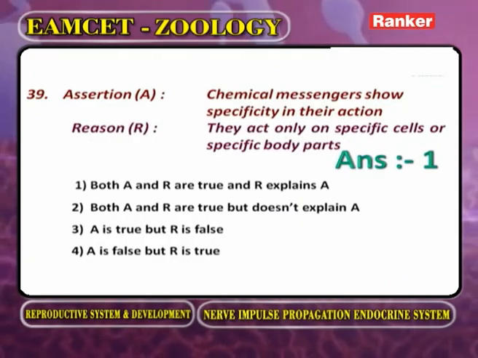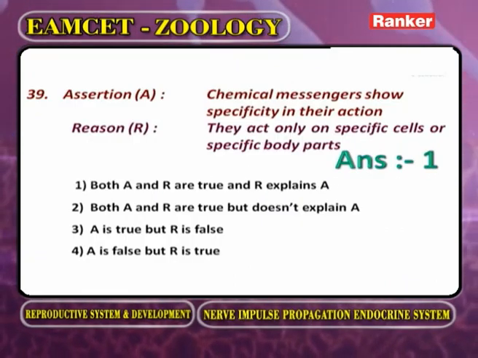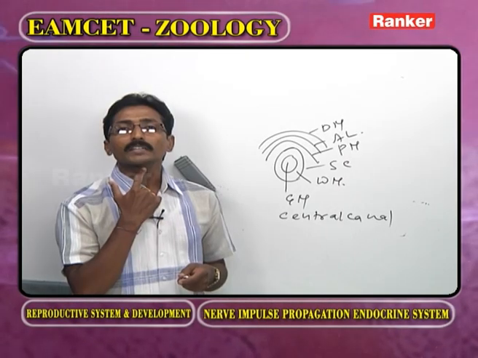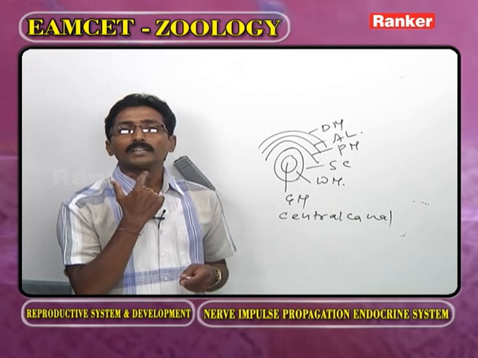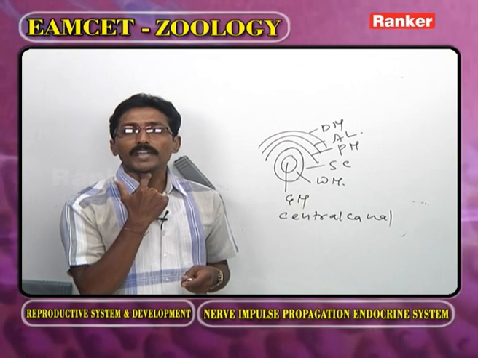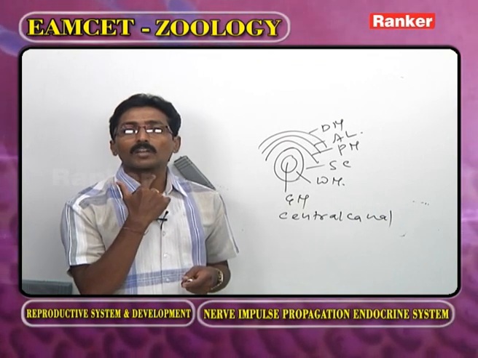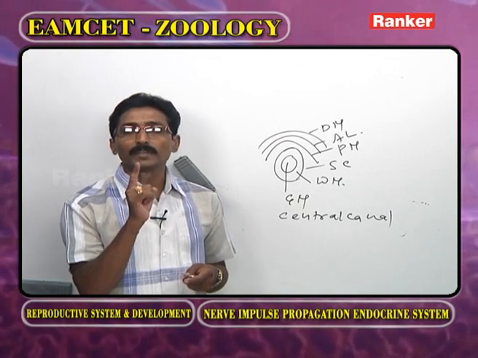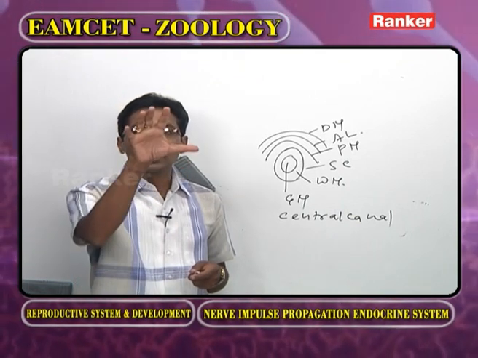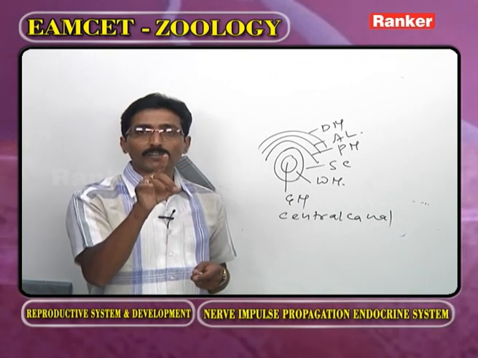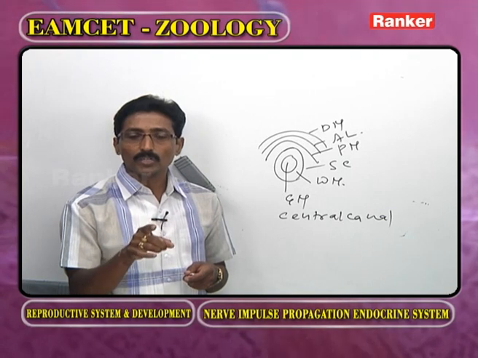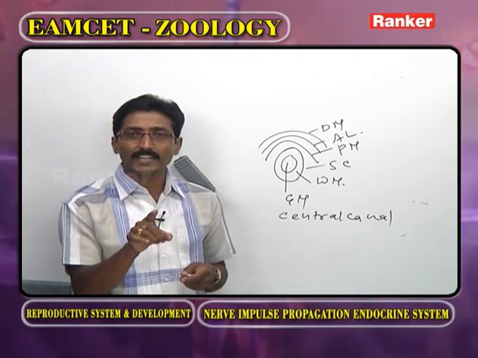Chemical messengers, meaning hormones, show specificity in their action. Take for example the thyroid gland. The thyroid gland secretes thyroxine hormone, but here the thyroxine hormone has no work. That means the hormone has a target organ somewhere, that we call specificity.